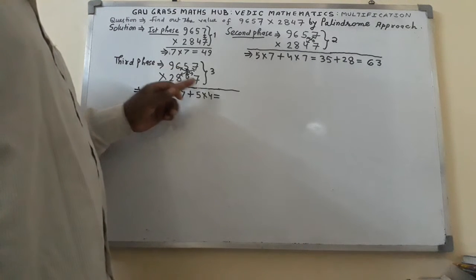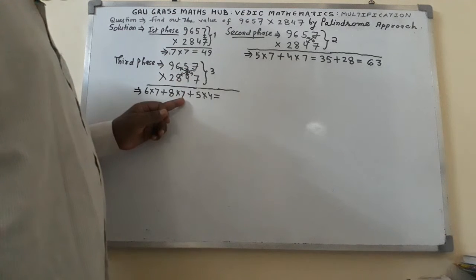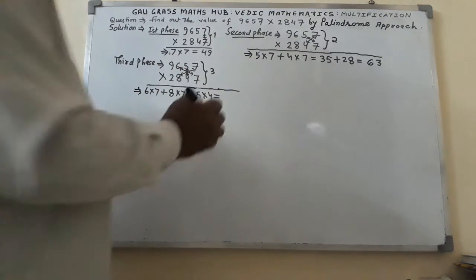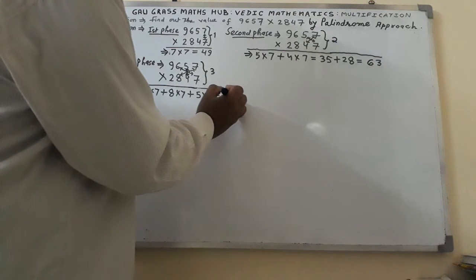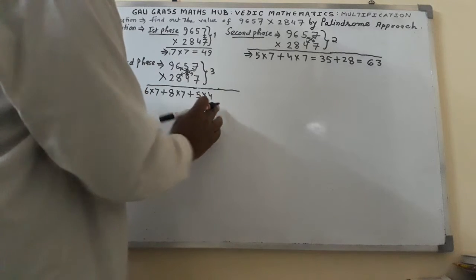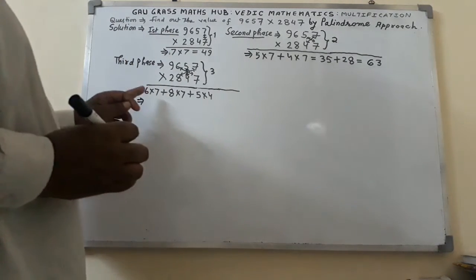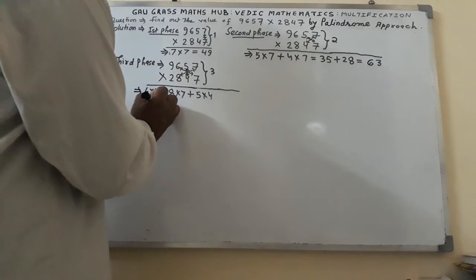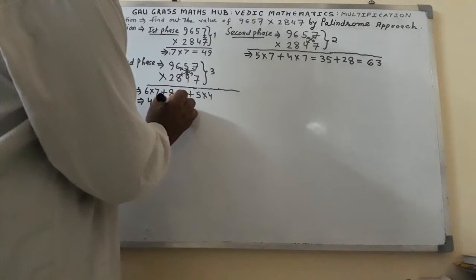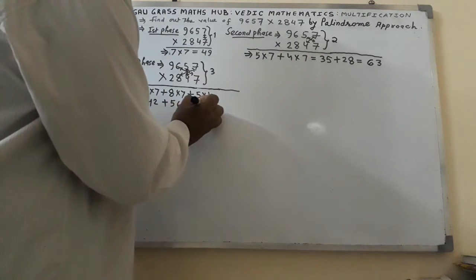6 will multiply to 7 plus 8 will multiply to 7, and 5 will multiply to 4. You will get here, I shall write at this place, implied that 7 6s are 42, 8 7s are 56, 5 4s are 20.